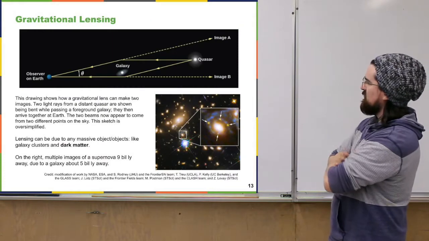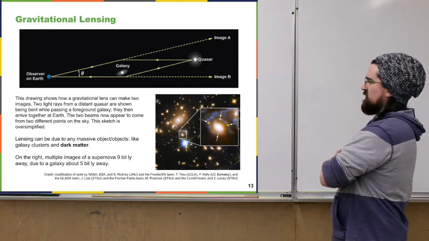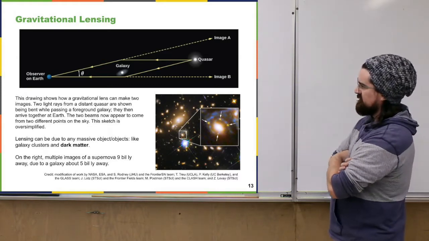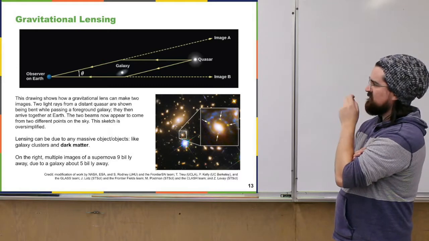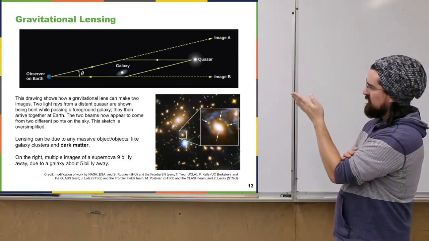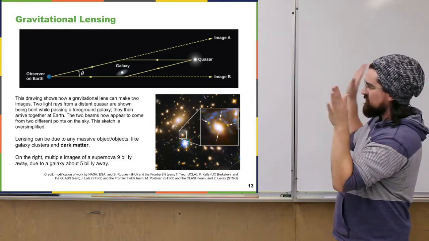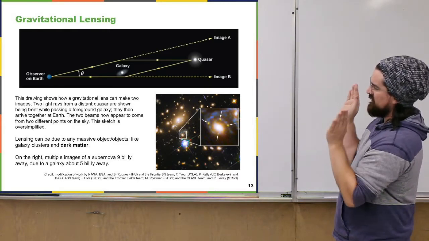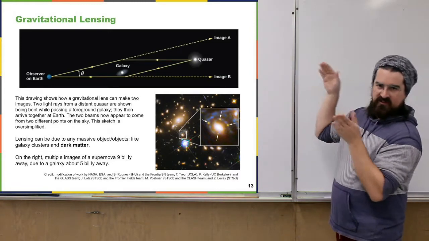So the diagram on the top shows a very simplified version of this, where you have us on Earth and some kind of massive galaxy in between us and a very distant quasar. That quasar is putting out a whole bunch of light, and when that light goes near the galaxy, right?